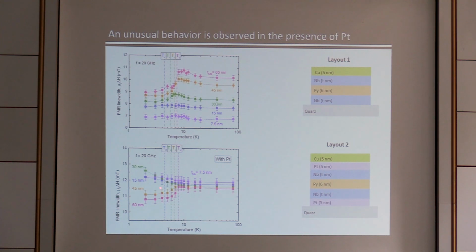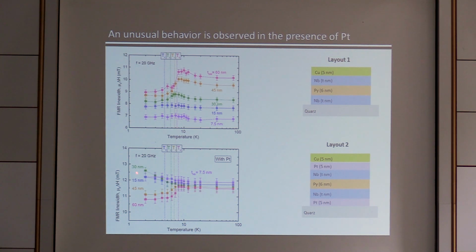Now you see here I'm plotting the temperature dependence of the ferromagnetic resonance line width in this second layout structure, in which platinum is grown in contact with the niobium on the opposite interface with respect to the permalloy. You see that for the thickest niobium layers, also in this case, the ferromagnetic resonance line width is drastically reduced at the transition temperature.